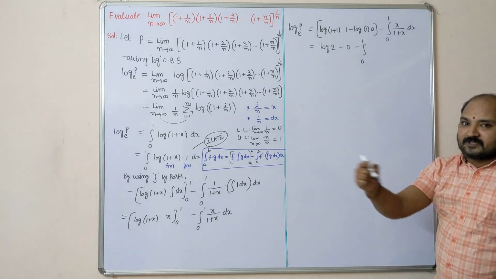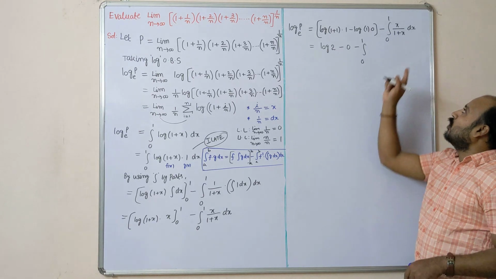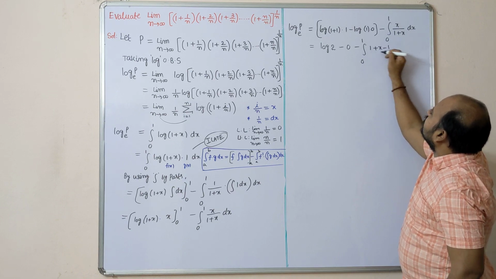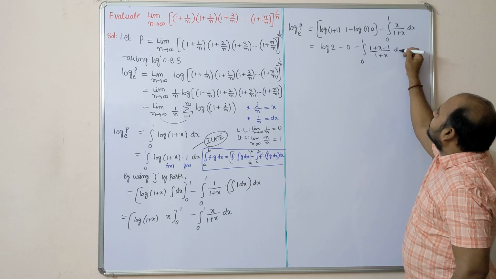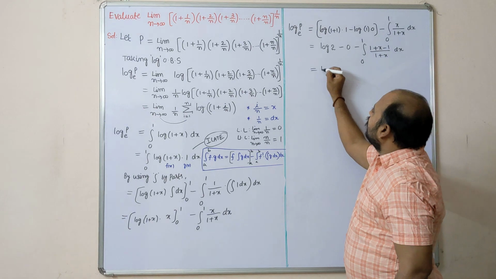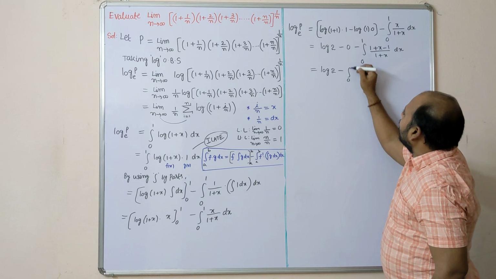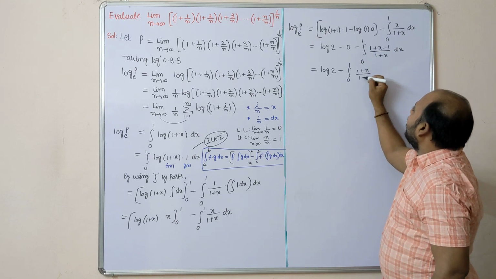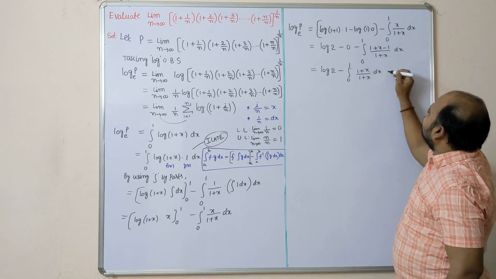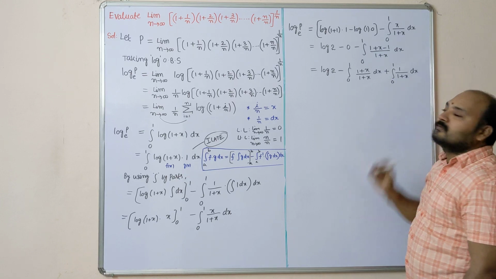To solve this type of problems, as in the previous question also we discussed, the denominator is 1 plus x, I want the numerator also 1 plus x. So by adding and subtracting, plus 1 and minus 1, 1 plus x minus 1 divided by 1 plus x into dx. We are adding and subtracting. So which is equal to log 2 minus integral 0 to 1 of 1 plus x divided by 1 plus x into dx, minus into minus plus integral 0 to 1 by 1 plus x into dx.